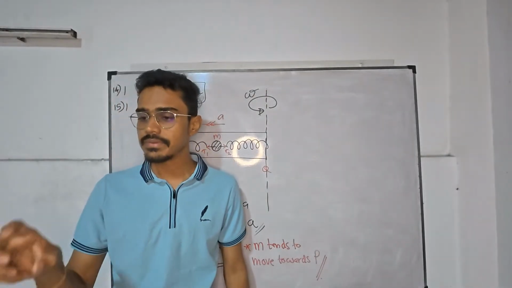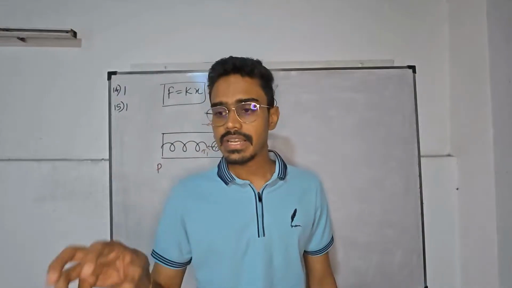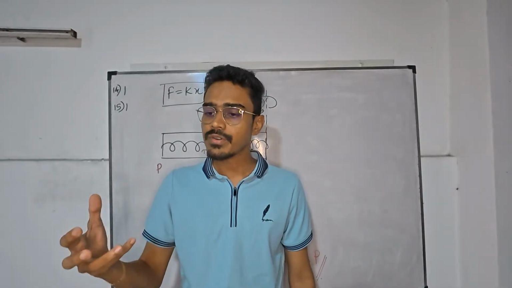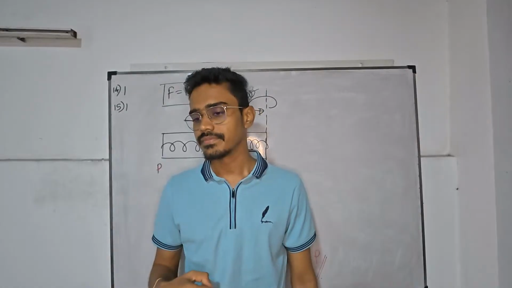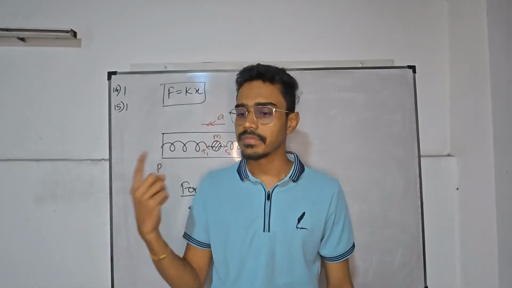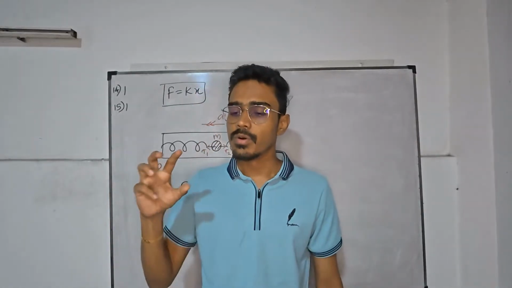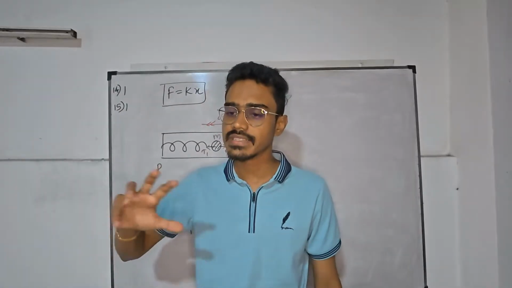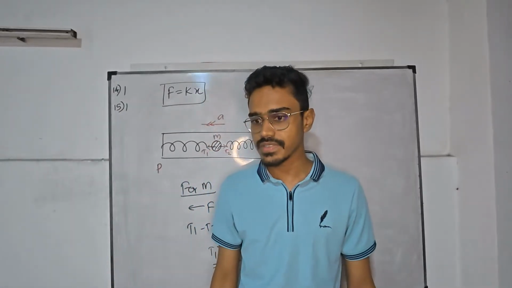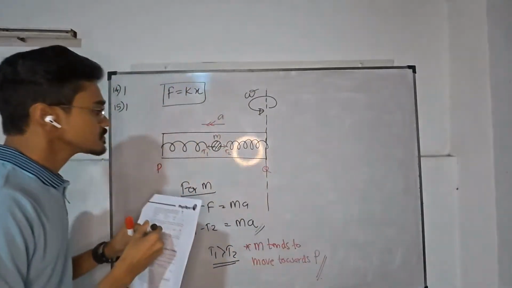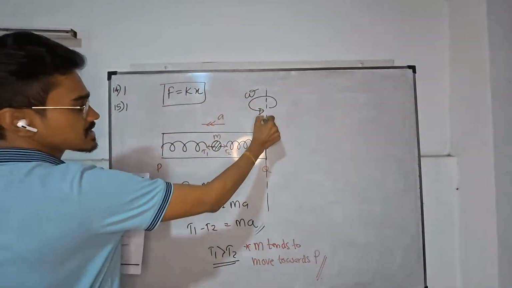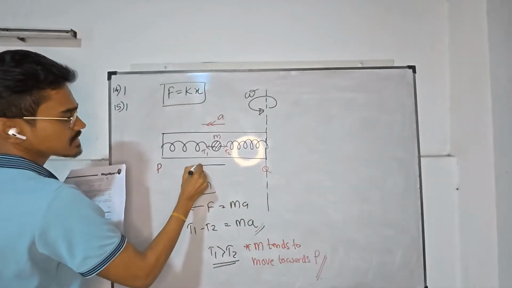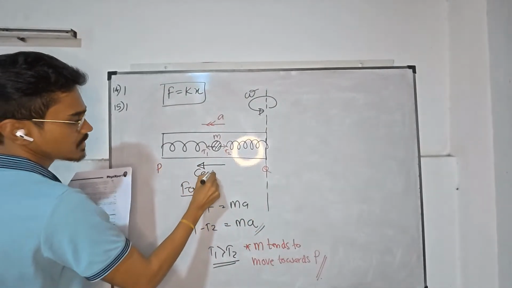If M undergoes a circular motion, centrifugal force exerts on it. If something undergoes circular motion, the moving tendency is always away from the center due to centrifugal force. So if this is the point of rotation, the away-from-center direction is this. So centrifugal force acts.